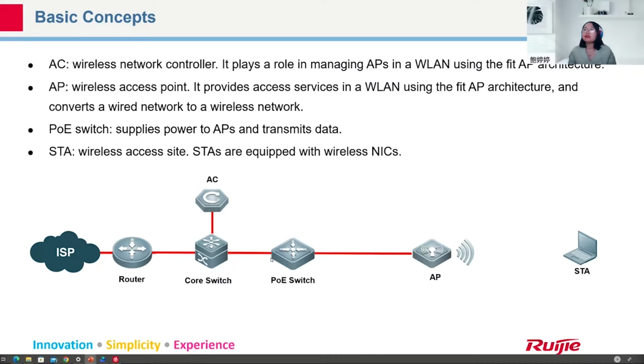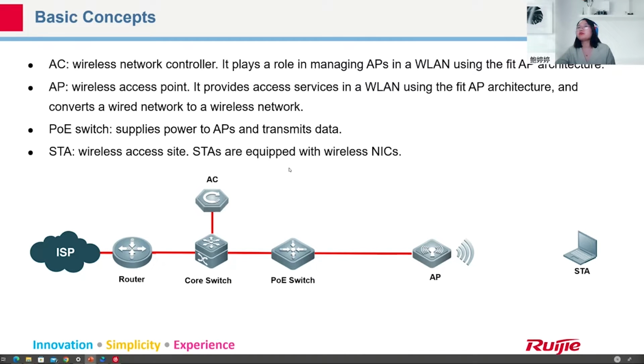The AC and the fit AP are a key topic we will discuss tomorrow. And the PoE switch will supply power to the APs and can also forward traffic like a normal switch. And the station has the same meaning as when we talked about the first topic, wireless access.